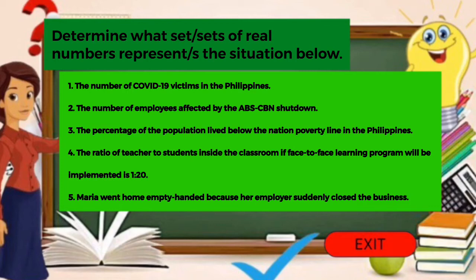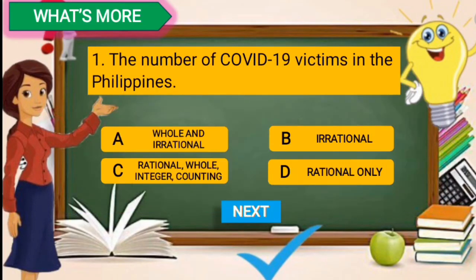This time, let us determine what set or sets of real numbers represent the situation below. Number 1. The number of COVID-19 victims in the Philippines. It is a rational, whole, integer, and counting. Number 2.